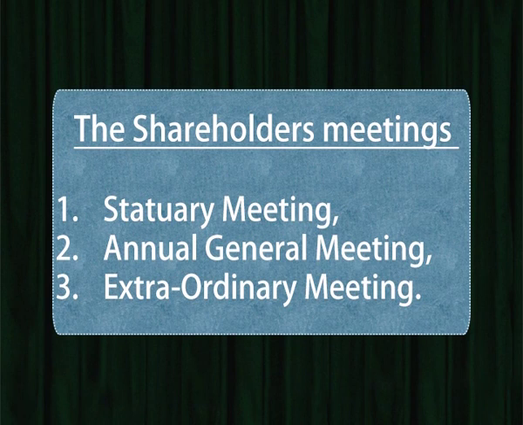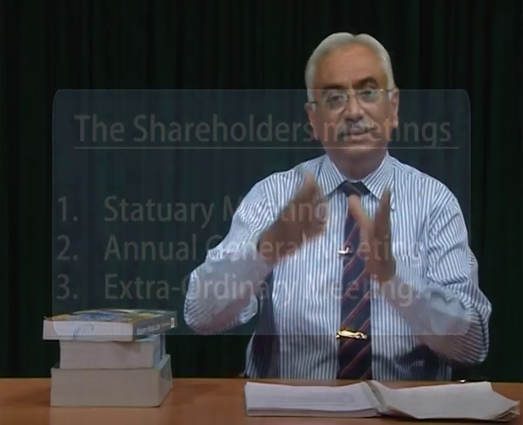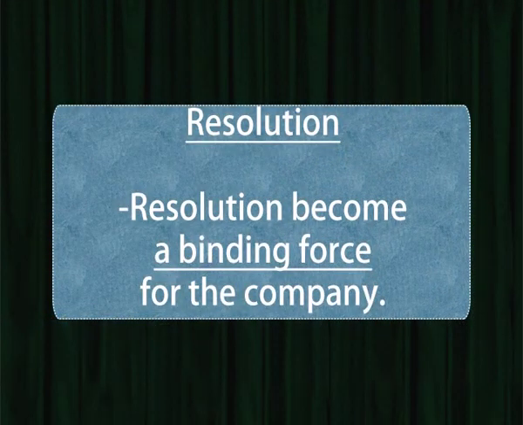One is known as the statutory meeting, the other is known as the annual general meeting, the third one is known as the extraordinary meeting. But there are directors meetings also, creditors meetings also, debenture holders meetings also. In a meeting, we pass the resolution and those resolutions become a binding force for the company.